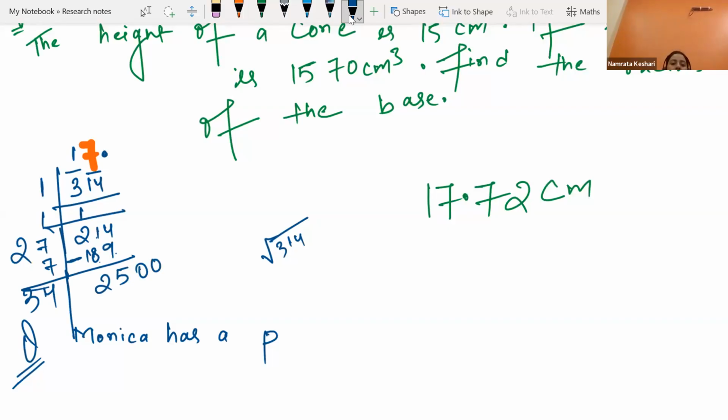Now we'll be checking with 3. What can be taken? We have taken 7.